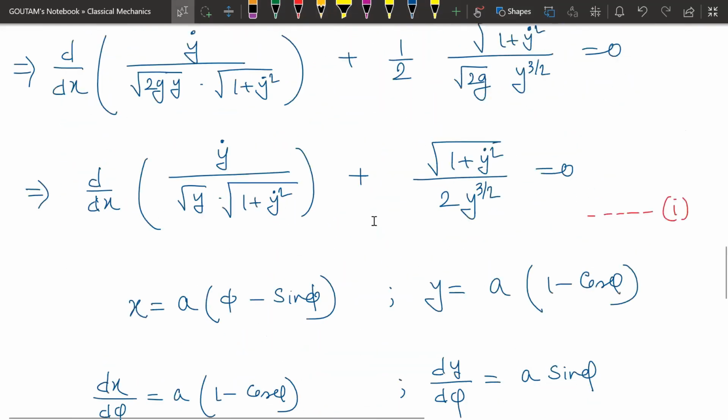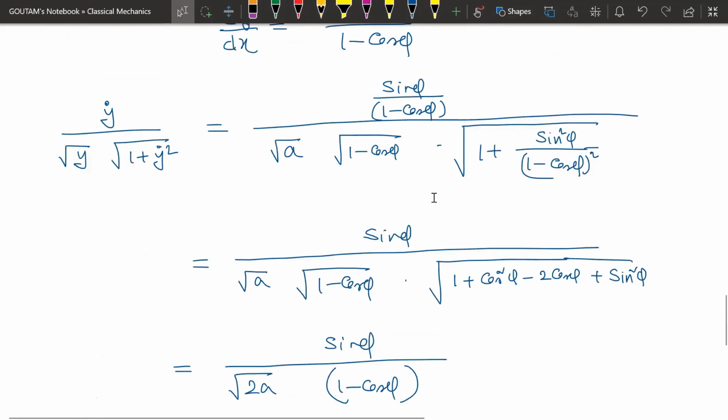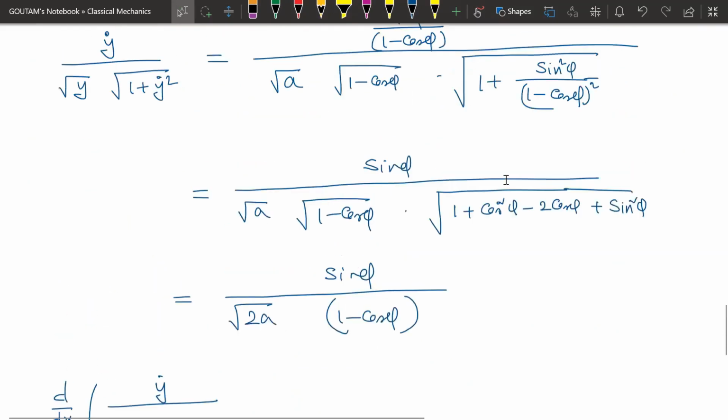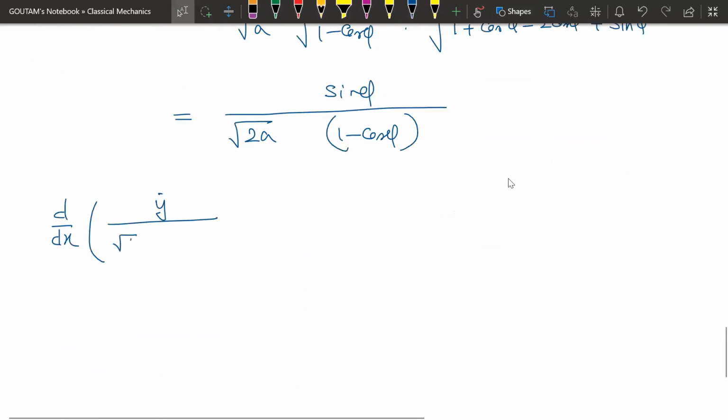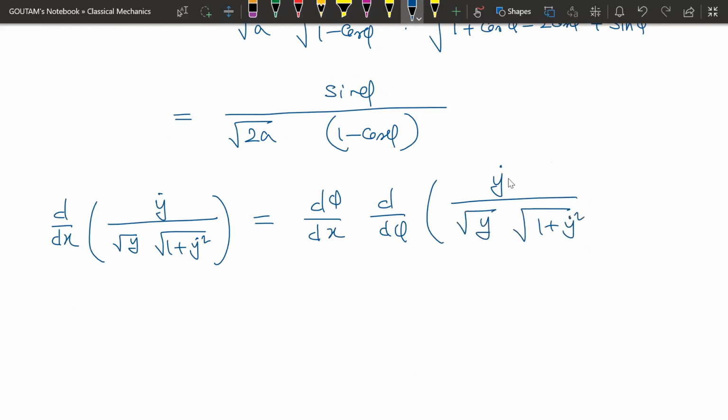Now, if we take the d/dx of this term, y dot by root under y times root under 1 plus y dot square, it will be dφ/dx times d/dφ of y dot by root under y times root under 1 plus y dot square.